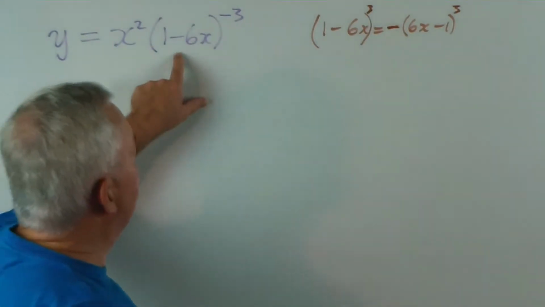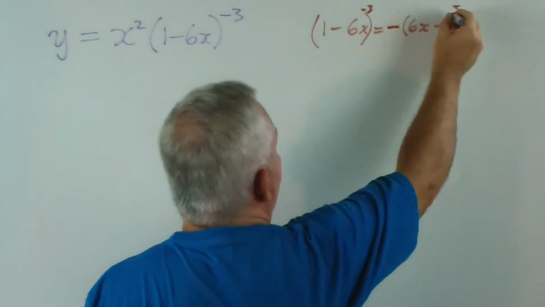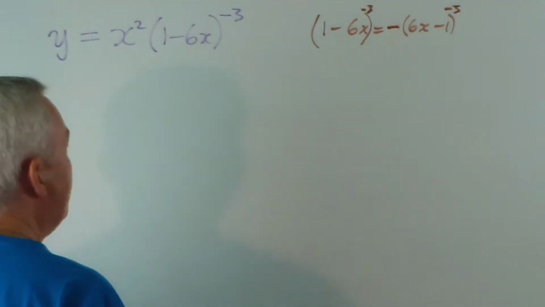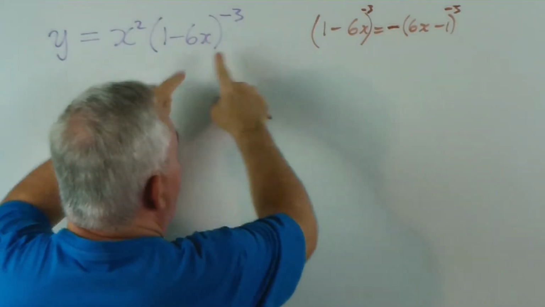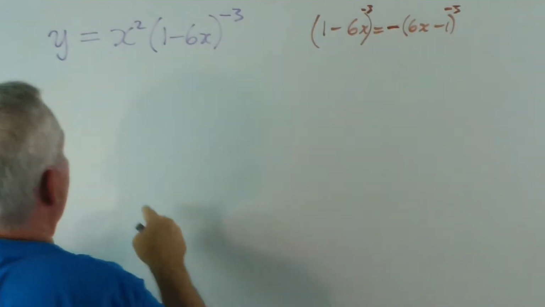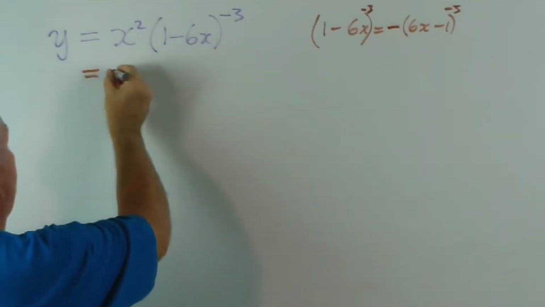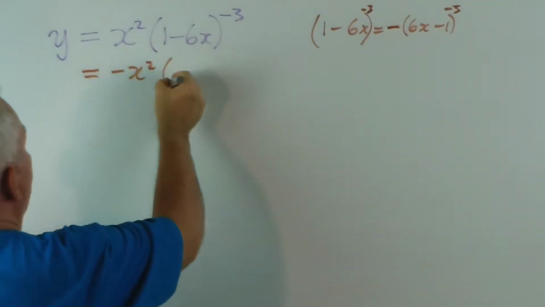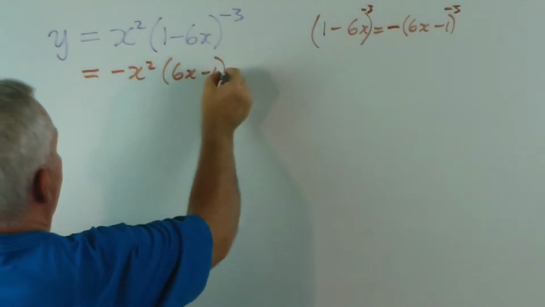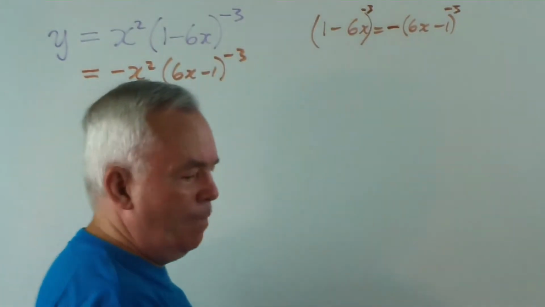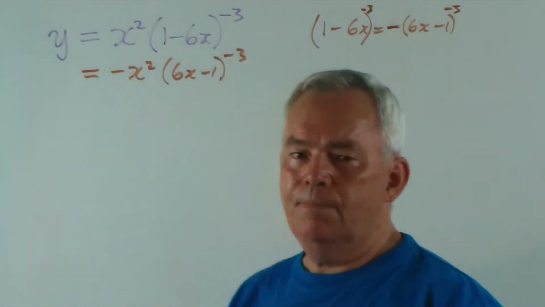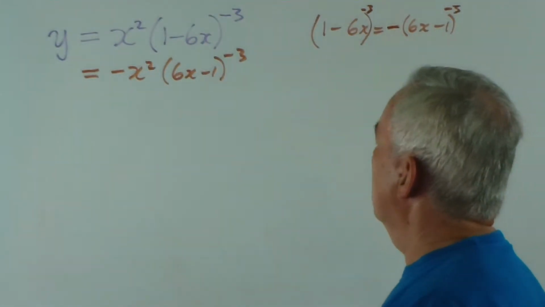So this, if I did it with a negative 3, it would still be the same. So if I swap this around, a minus sign appears at the front. So I'm going to actually write this as that.